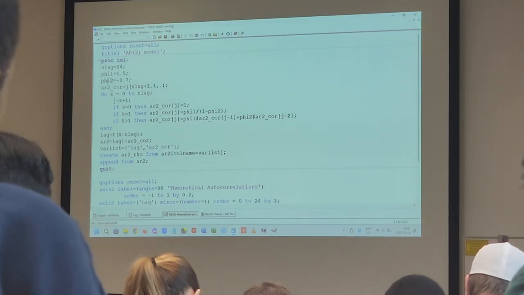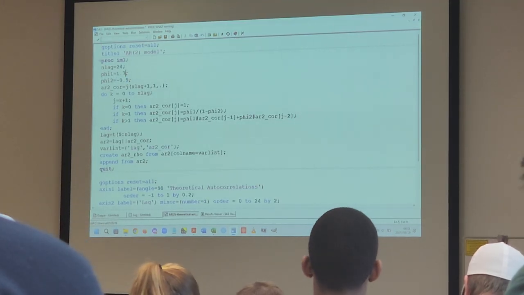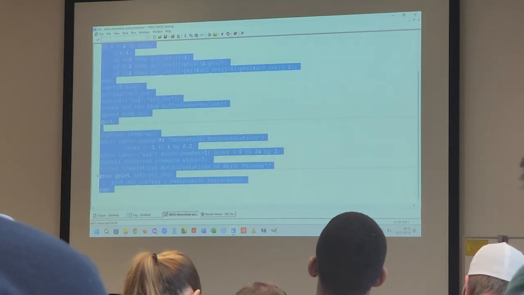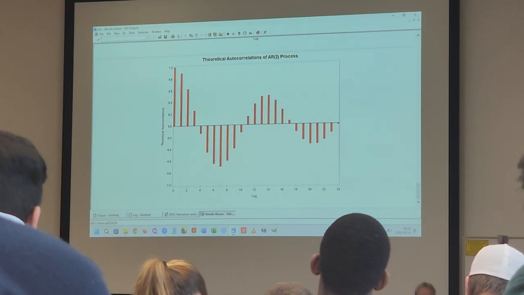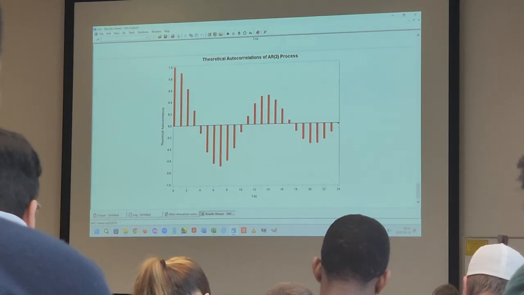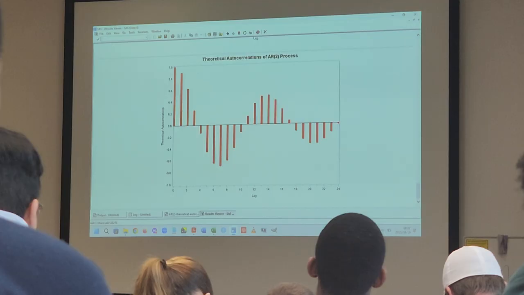Let me maybe do one more. I'll make this 1.7 and 0.9, and the final one I'm doing, and this really shows us we have a cyclical pattern here. Or as they refer to this in time series analysis, it's a damped sine wave.